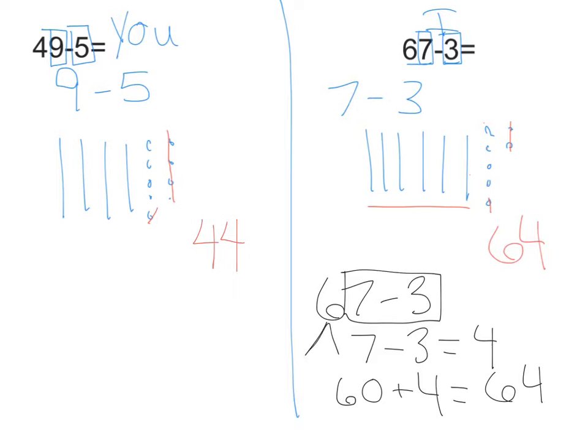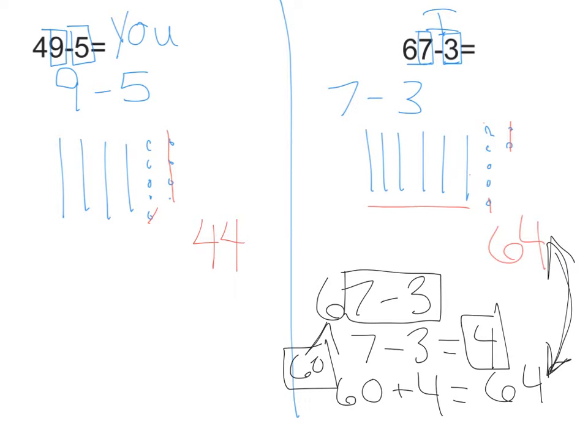My 60 remained the same. This is 60 and here is 7. That's a nice little number bond, right? And I can do 7 minus 3, which is 4. And then I have my 60 plus 4 that I got from here equals 64. These two numbers are the same, so I am sure that my answer is correct.